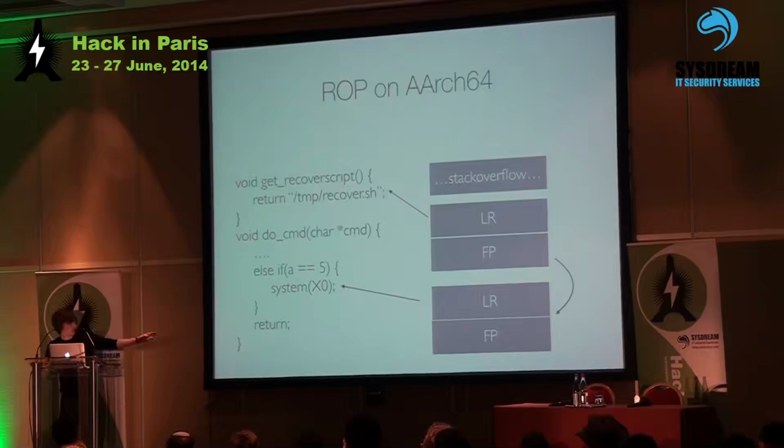Under the stack overflow is basically the downwards growing stack, and we just configure our link register to point to the return statement of the get recovery script, and our frame pointer, which will be loaded by the return as the new link register and the new frame pointer address. Our frame pointer points to a stack overflow controlled link register. So the return, instead of returning to wherever we came from, will actually return to the system statement and give us the possibility to execute whatever we want.